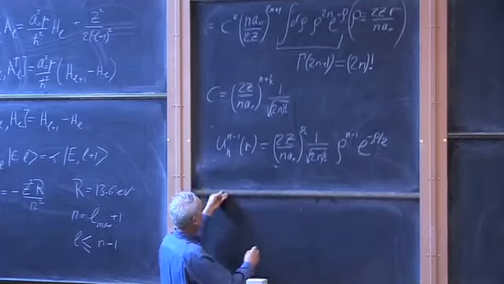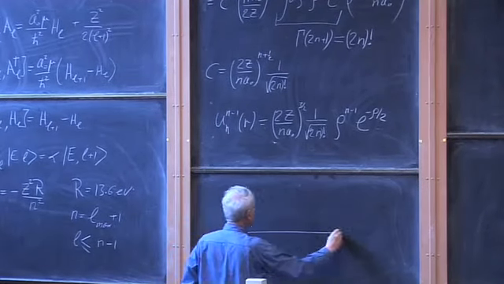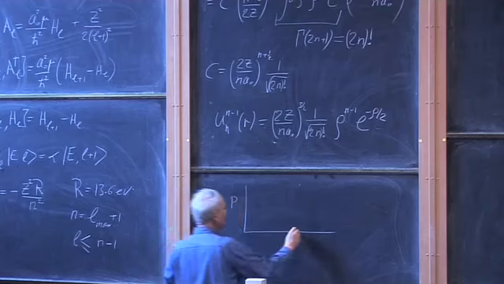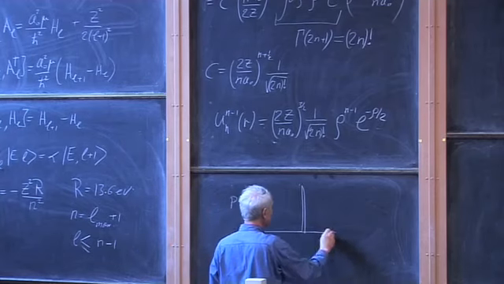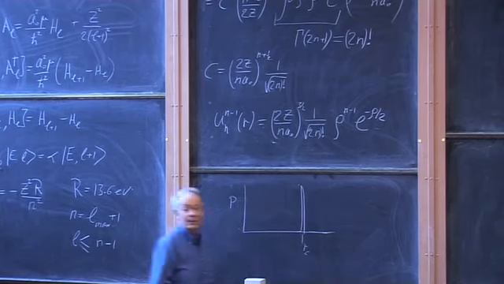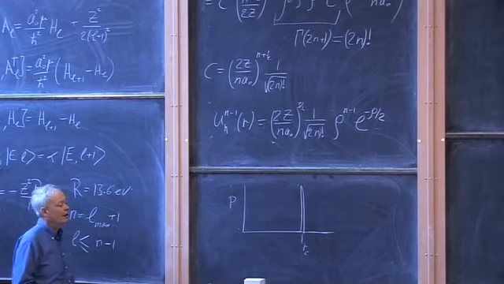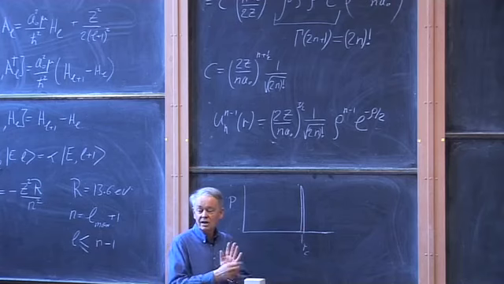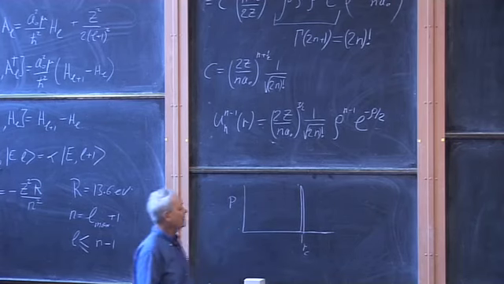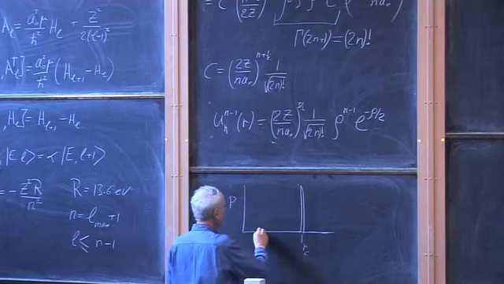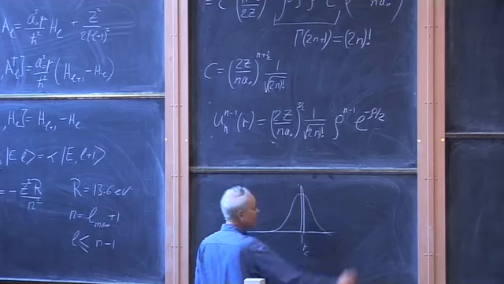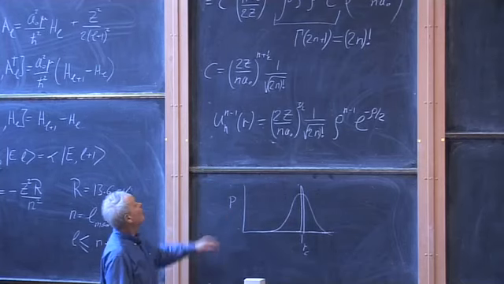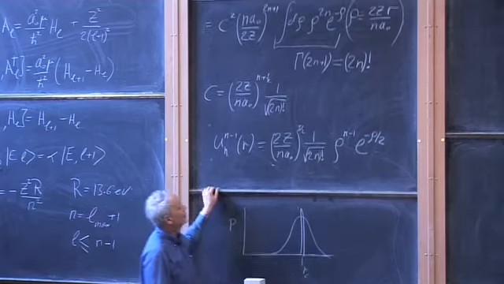Well, classically, if it was a circular orbit, our probability would be a delta function at the radius of a circular orbit. And we know in quantum mechanics, everything's a bit blurry because steep gradients of the wave function are associated with large kinetic energies. So we're expecting it to be sort of like this-ish. So how does that arise from this formula?